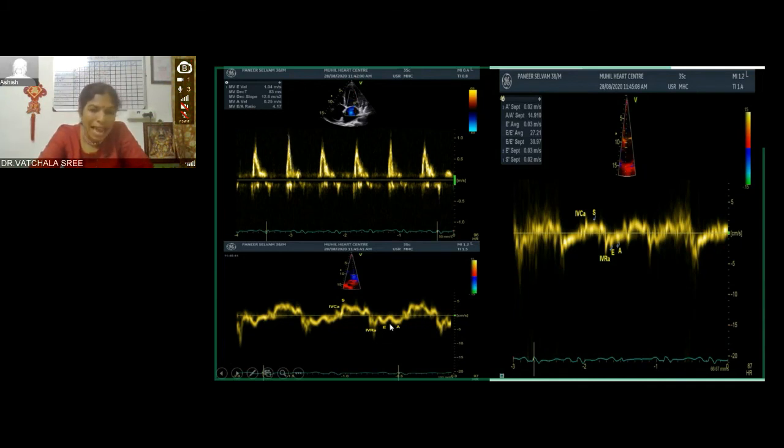And the E dash is 0.03. So then just see the ratio. I think that is correct, but at least that is what the machine has given us. So I accept it as correct.